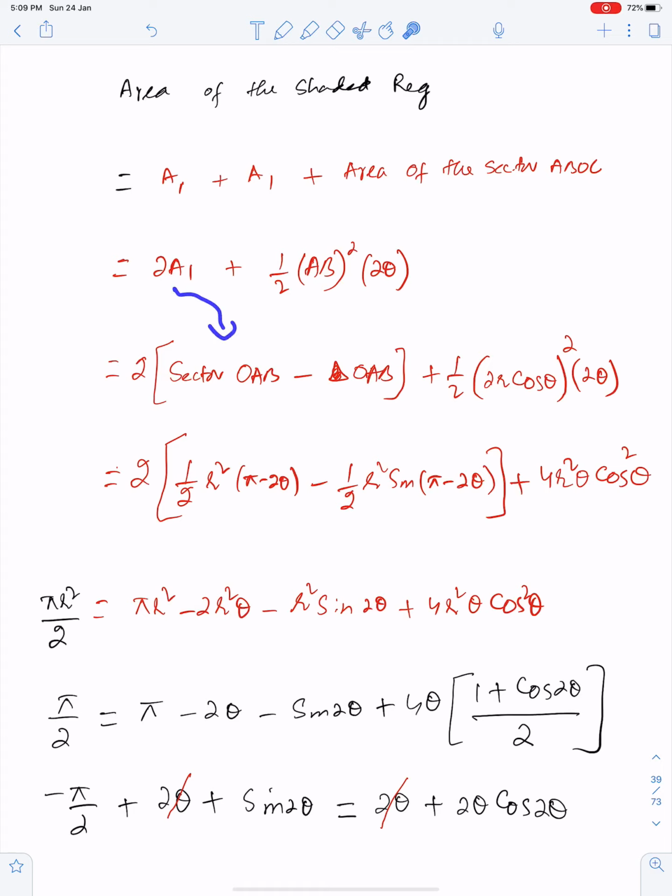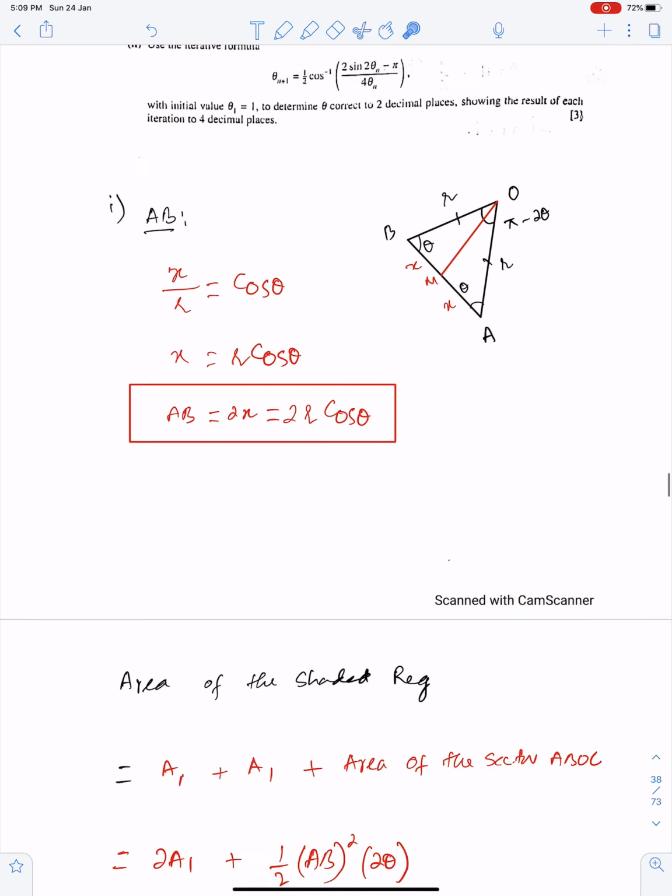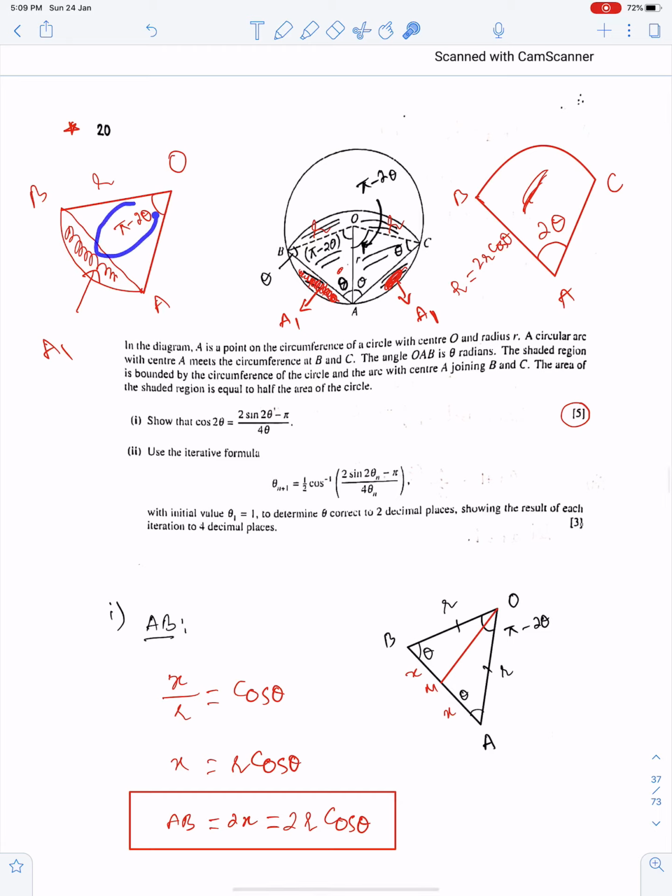A1. I already have told you we can find A1 by writing area of sector OAB here and minus area of triangle OAB. Area of sector OAB will be half r square theta. The angle of this sector is pi minus 2 theta. Since this angle is theta, therefore this angle is pi minus 2 theta.